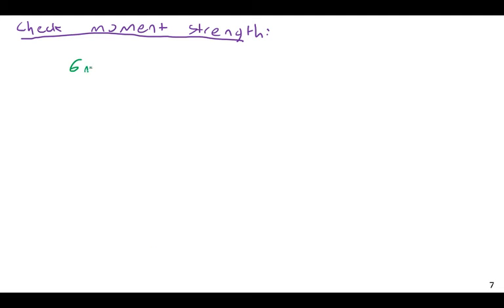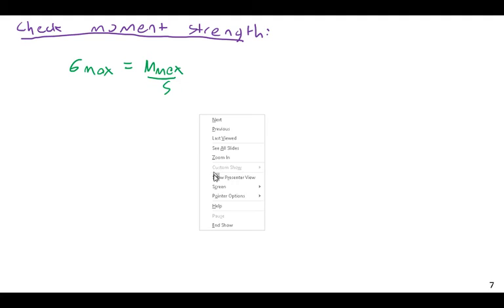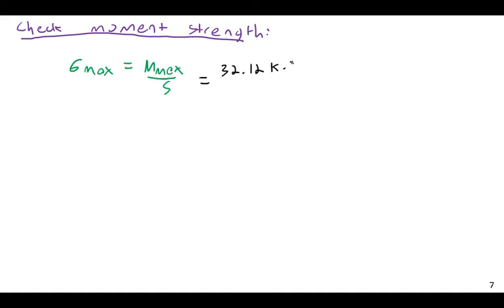Sigma max is equal to M max over S, which is going to be equal to 32.12 kip feet, sorry, not kips per foot, kip feet, times 12 inches per foot, all over the section modulus, which will be 29 inches cubed.